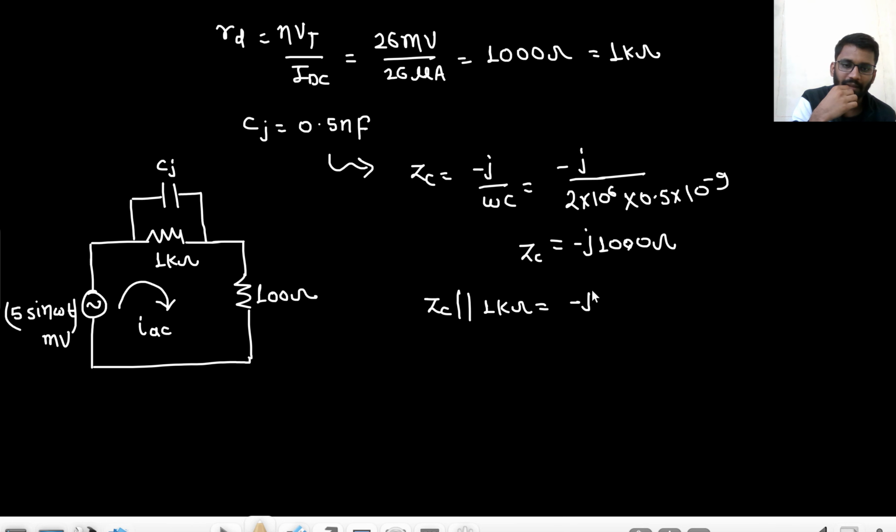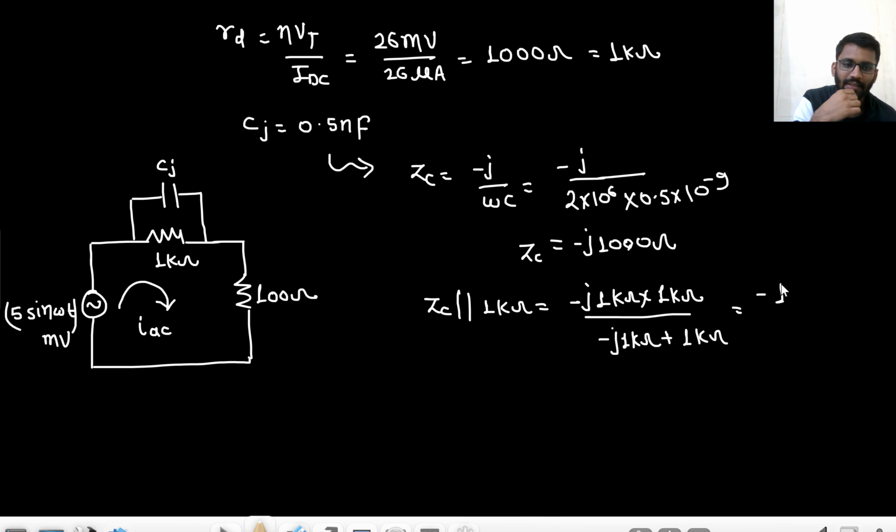That means minus j into 1 kilo ohm into 1 kilo ohm upon minus j 1 kilo ohm plus 1 kilo ohm.